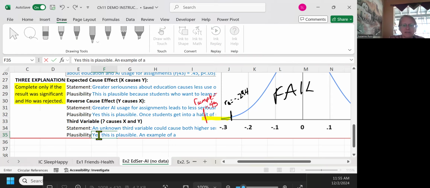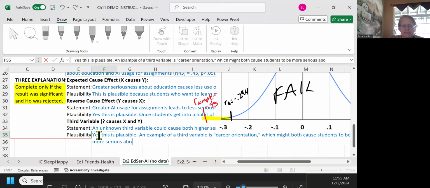An example of a third variable is career orientation, which might both cause students to be more serious about their education and use AI less because they're going to be in the field working. They have to know what they're doing.